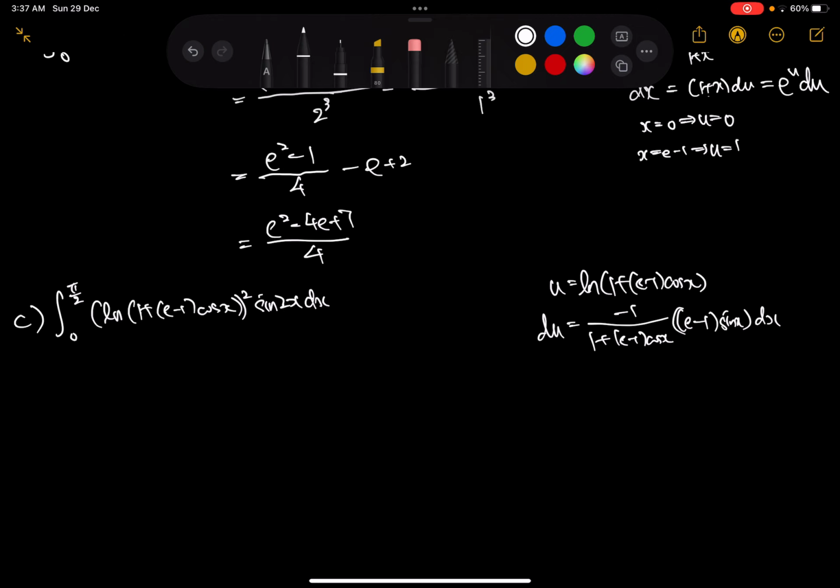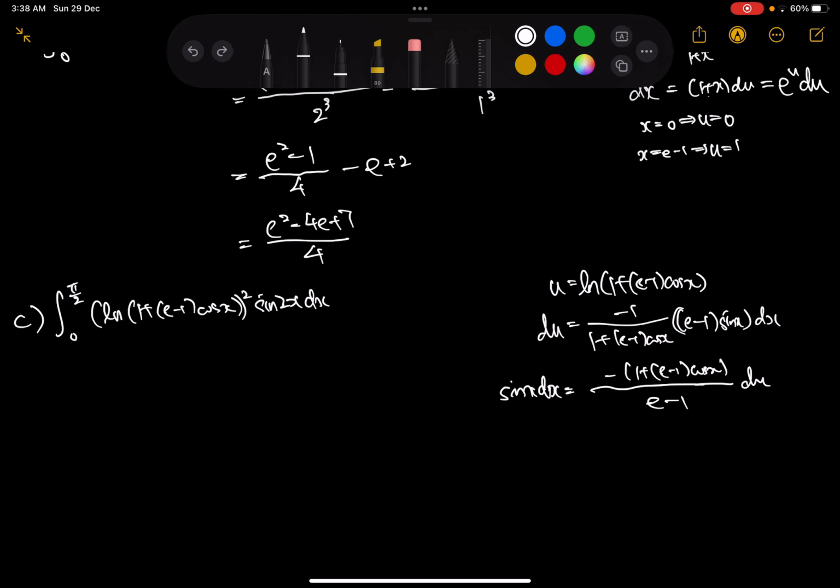This one is obviously 2 sine x cos x. So we could keep the sine x on the dx side. So sine x dx is negative (1 plus (e minus 1) cos x) over e minus 1 du, and this bracket right here is e to the power of u.